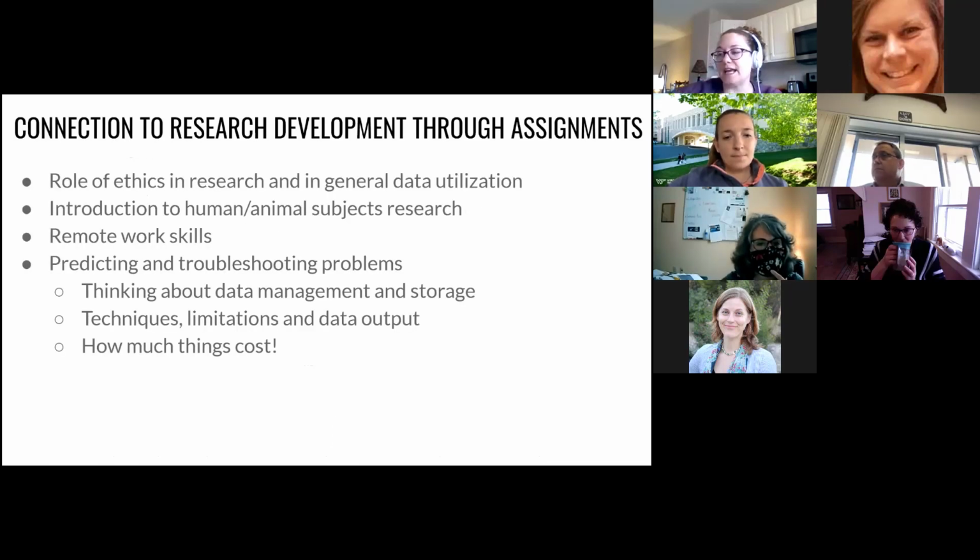And then thinking about the connection to research development through assignments. So as you can see here, we really think about having these skills develop through authentic assignments, thinking about what students would encounter if they were doing actual research in a lab or other type of research setting. So if we look at the role of ethics, for example, we will discuss ethics in class.